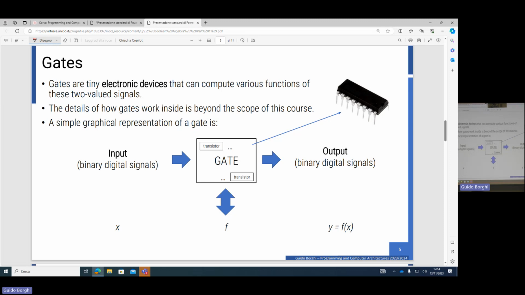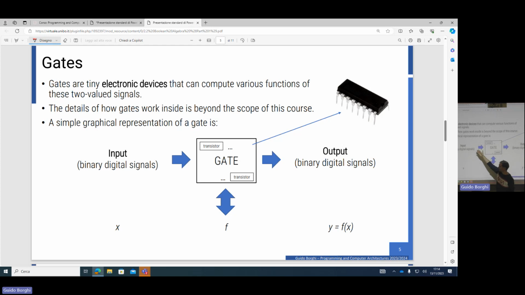From a graphical point of view, it's possible to represent a gate using, for example, this set of different transistors. We have several transistors inside, usually 1, 2, or 3 different transistors for the fundamental gates.